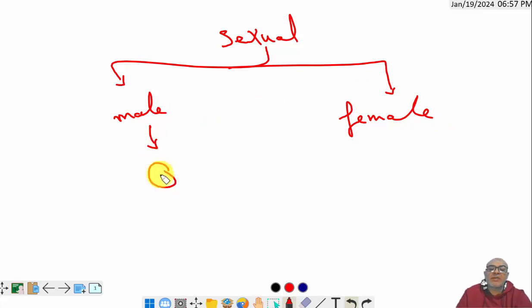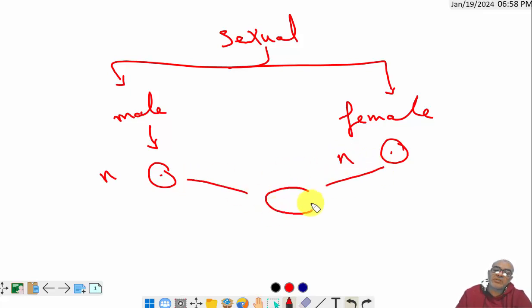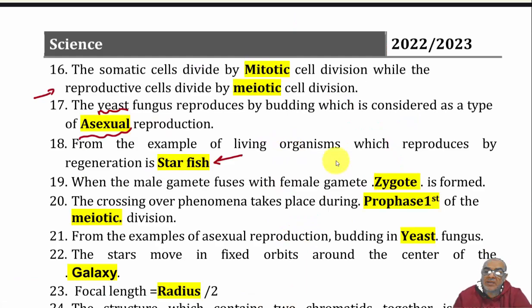This male contains half the hereditary substance, n, and this cell has the other half. When they fuse together, it gives a cell containing the total hereditary substance. This cell we call the zygote. So when the male gamete fuses with the female gamete, it gives a zygote.